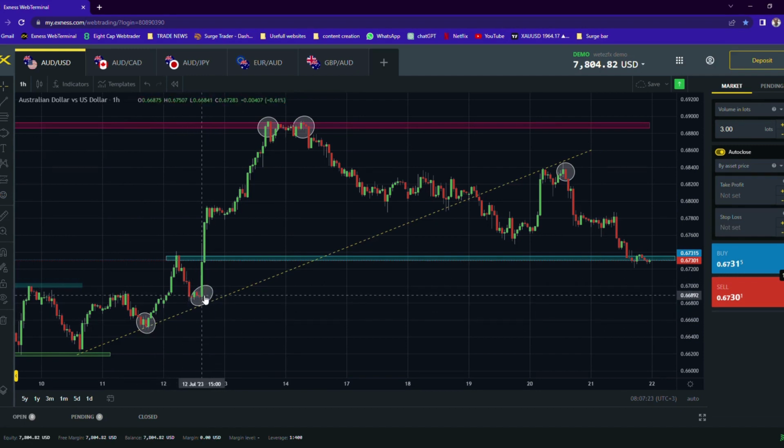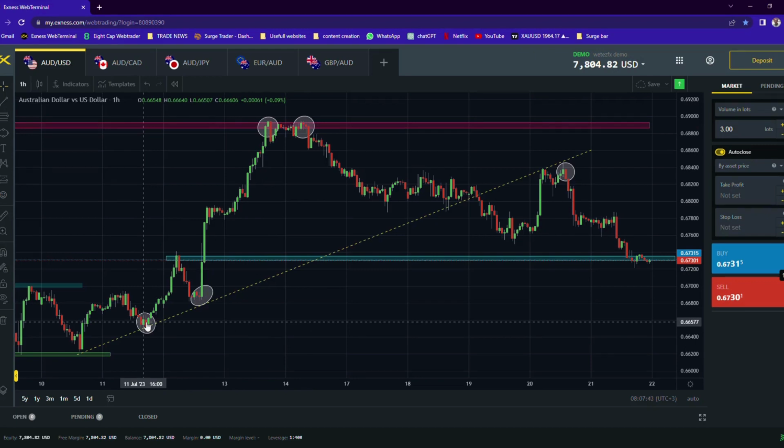So these are some of the exact positions where we saw a move or a possible entry on AUD USD. So on the 11th, 12th, 13th, 14th, and 20th, there were some possible entries around these dates.